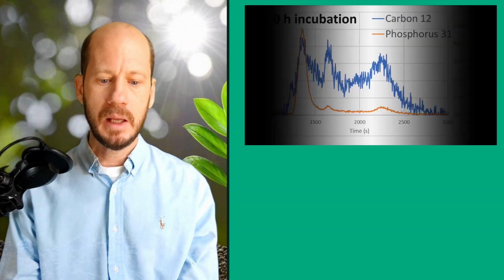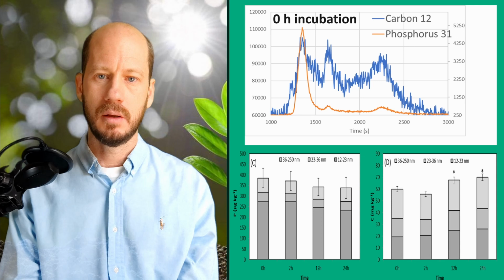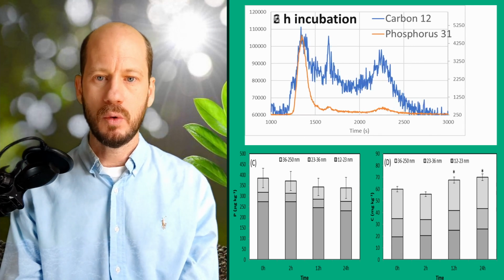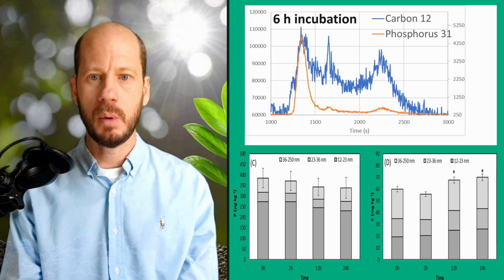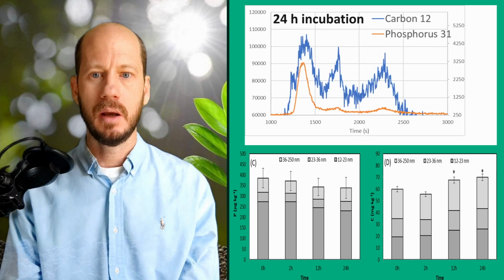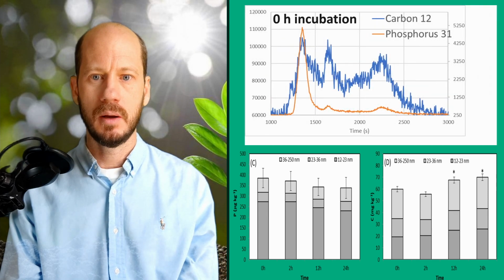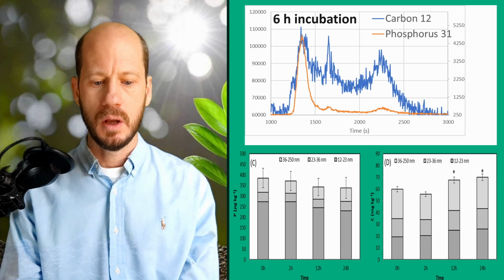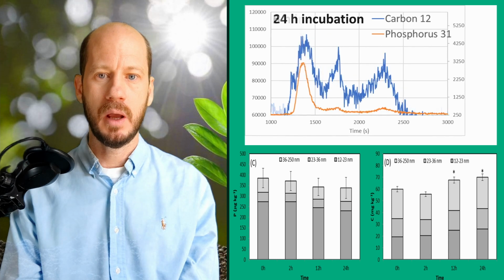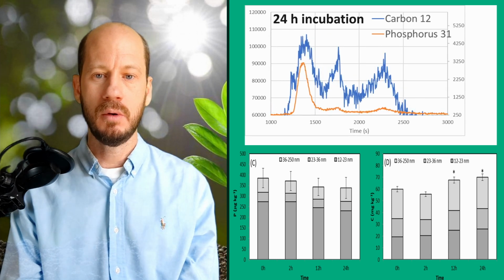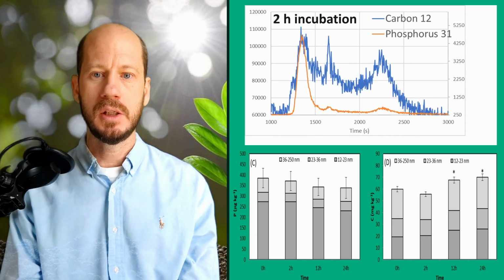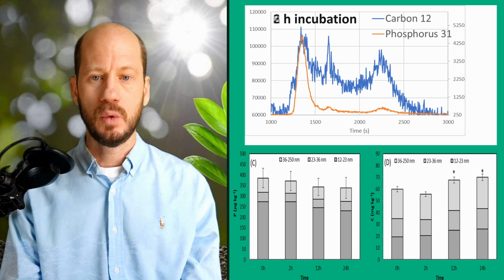Here you will see the graphics showing the total concentration of phosphorus and carbon in these extracts. Let's show first phosphorus, and then let's show carbon. So the total concentration of phosphorus over time, we have incubation times of 0 hours, 2 hours, 12 hours, and then 24 hours.